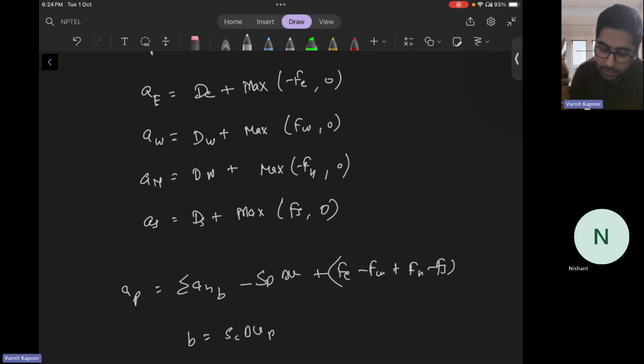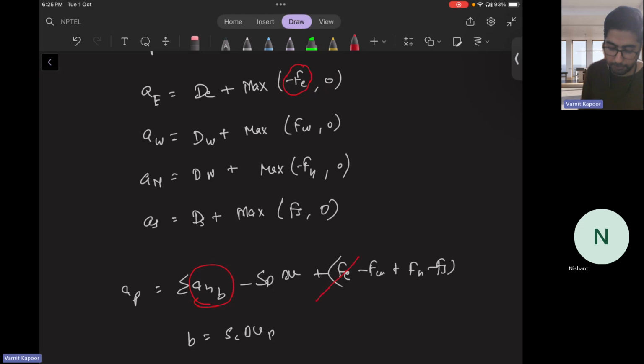Suppose for the east face, Fe is greater than 0. That means the maximum of these two values will be 0 only, so aE is dE plus 0, which is dE. When Fe is less than 0, minus Fe will be a positive value, since Fe itself is negative, so it will be the maximum value. So aE will be dE minus Fe.